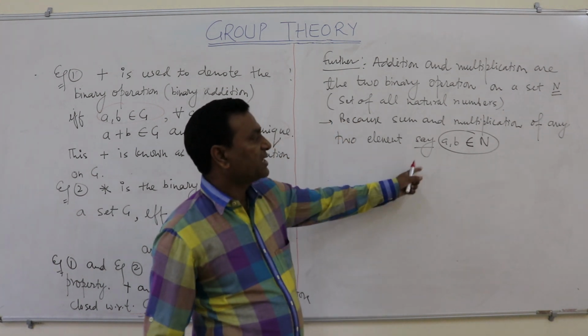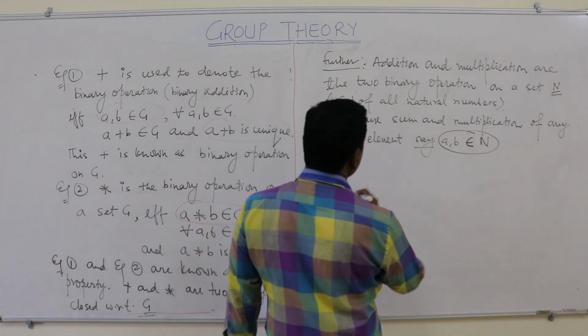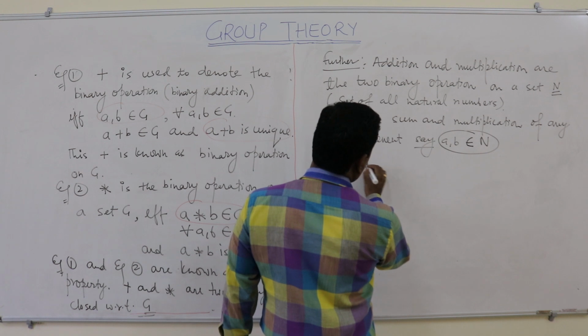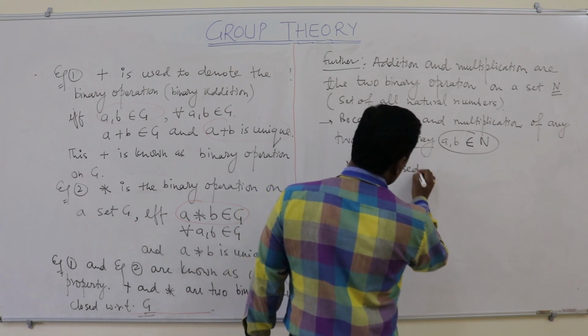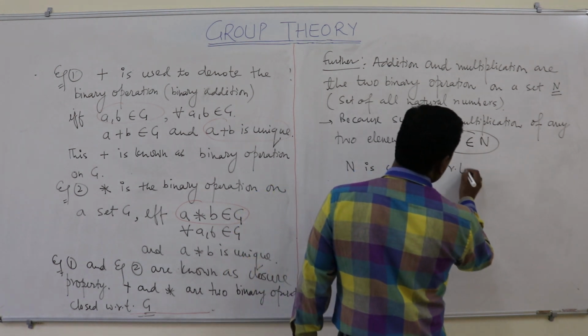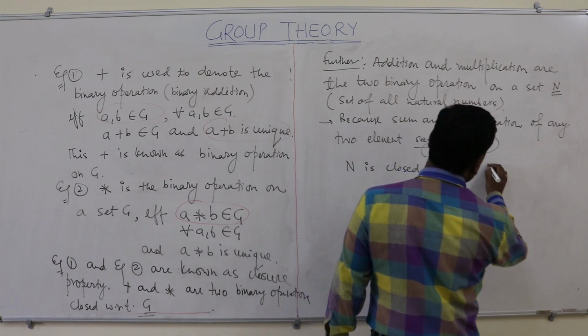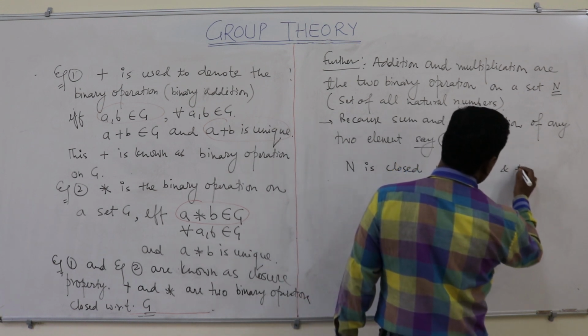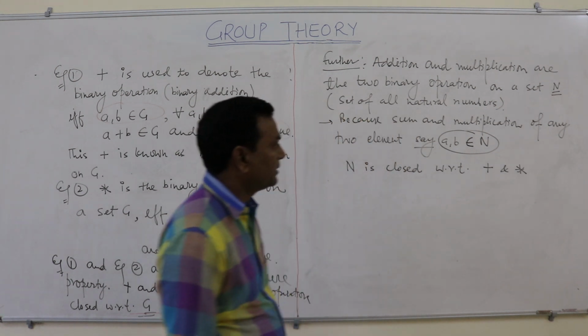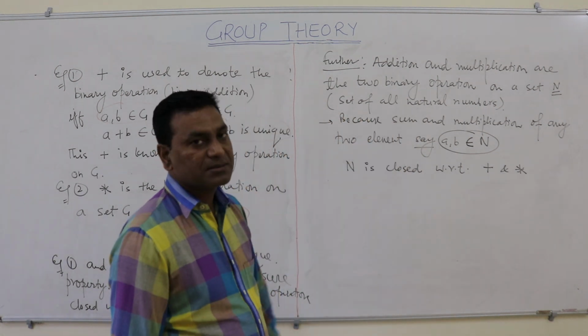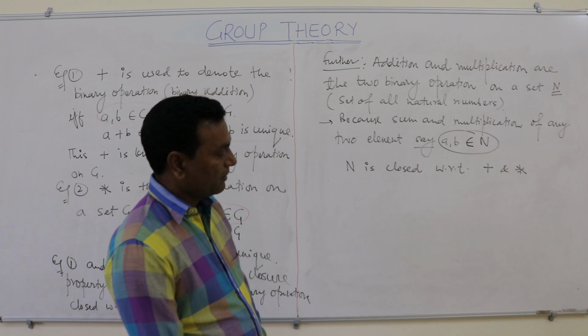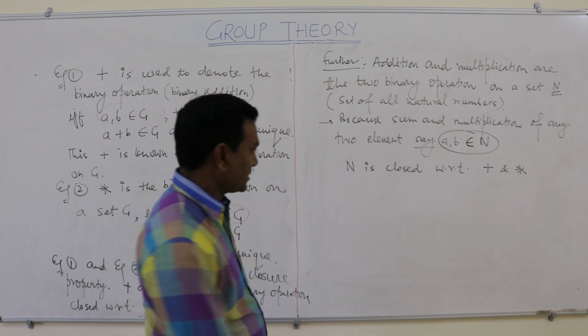Then in this case we can say N is closed with respect to plus and multiply.